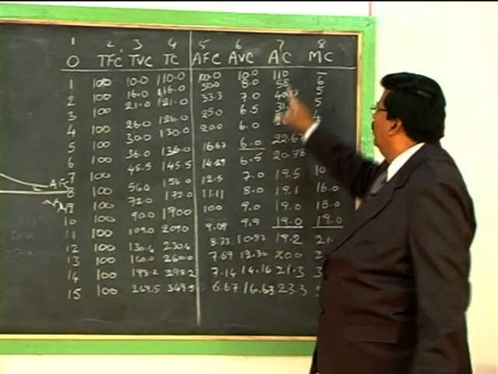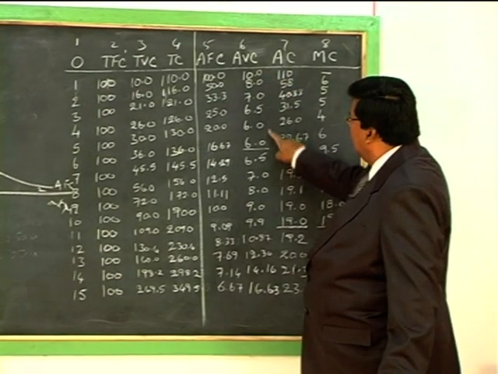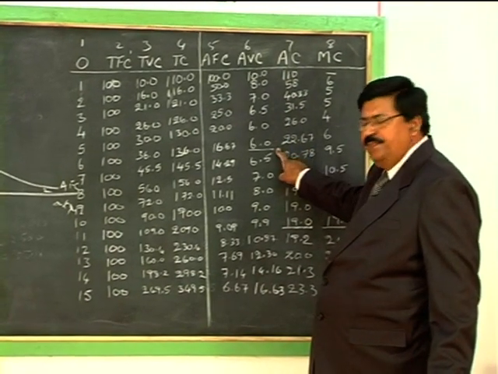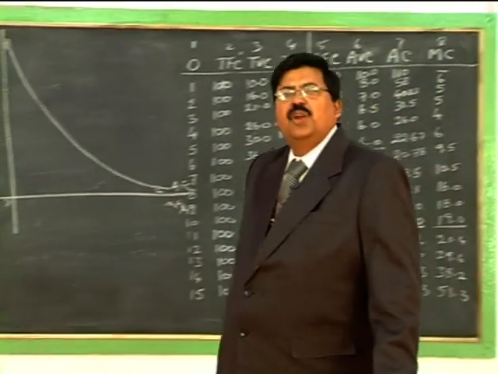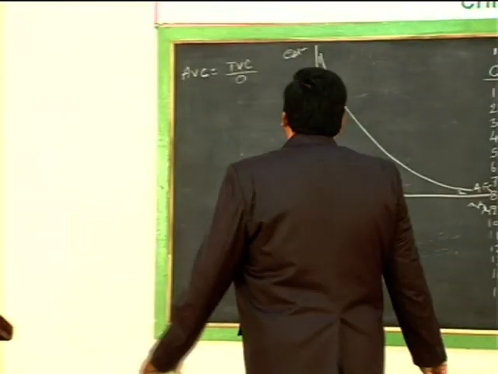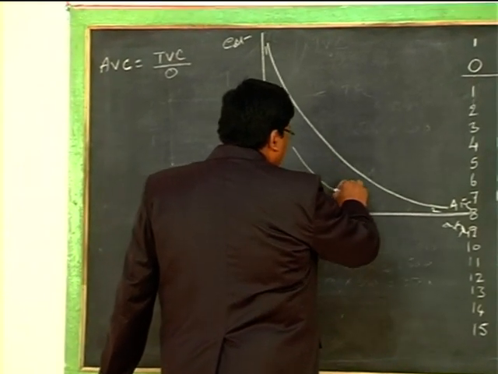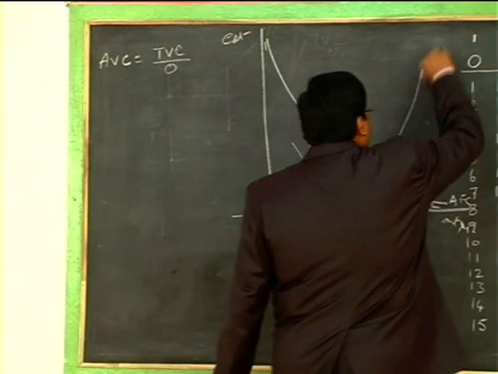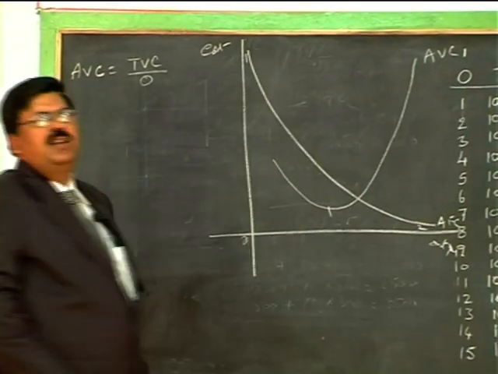So what is the feature you are observing? Average cost initially declines, reaches a minimum and then rises. So while drawing the diagram, you have to show that the average variable cost curve initially declines, reaches a minimum and then rises. This is the minimum point of AVC.